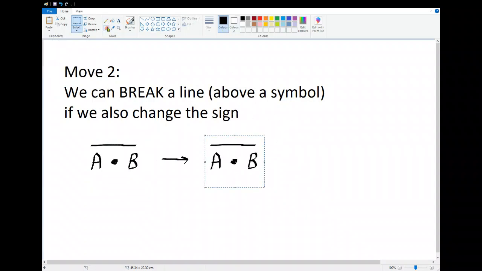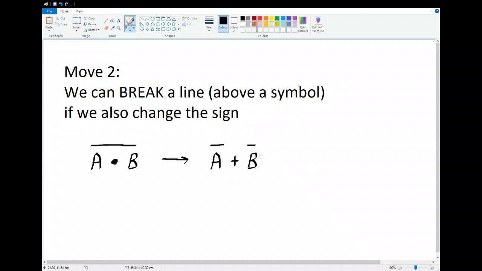We can break this line as long as we also change the sign. So those two are the same. And if you think back to the earlier part of this video, we figured that out anyway. That's one of the equivalences I put up.